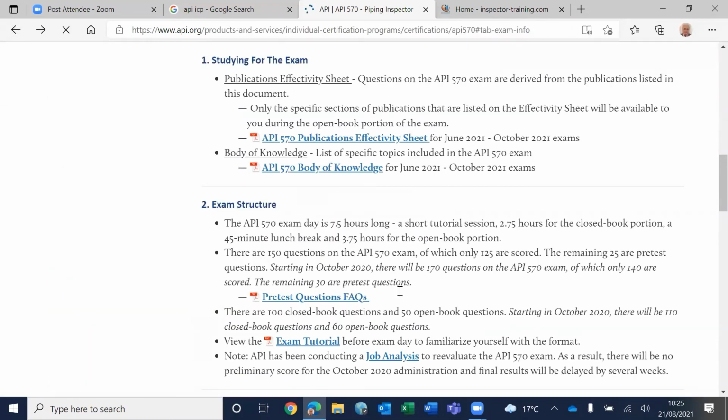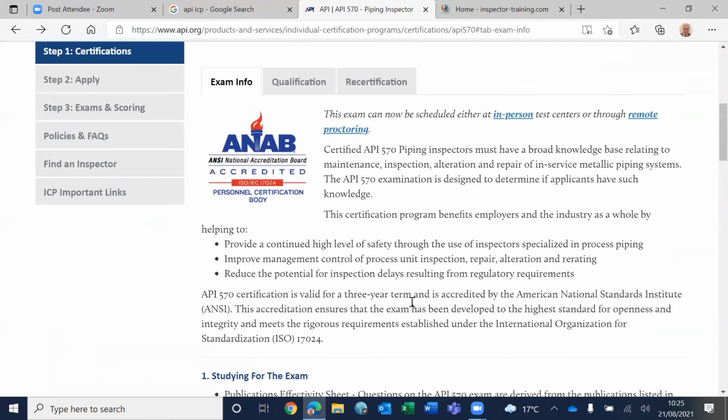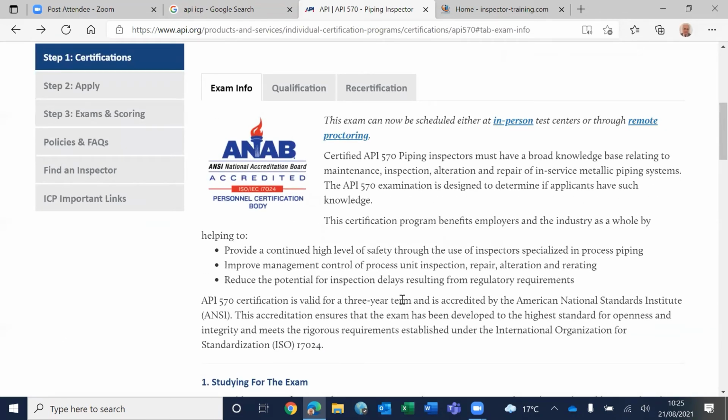So practically, guys, to put in a nutshell, you don't need to be a welding inspector or NDT examiner or a piping designer to attend this exam, because that is not what a piping inspector is about. You should know obviously about the basics of welding inspection, WPS. You should know about pressure relieving devices.